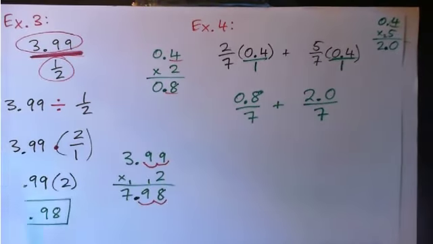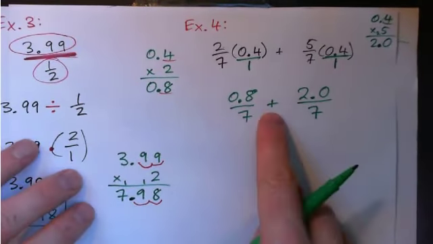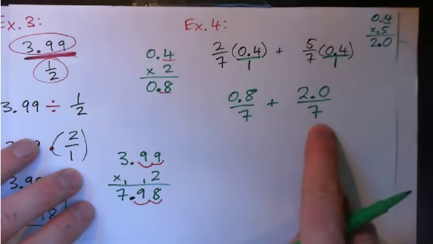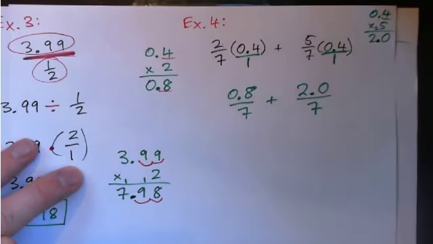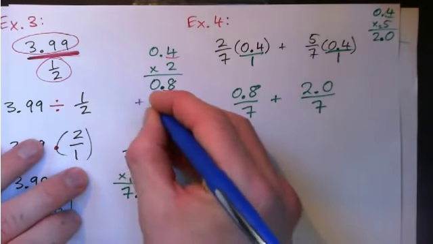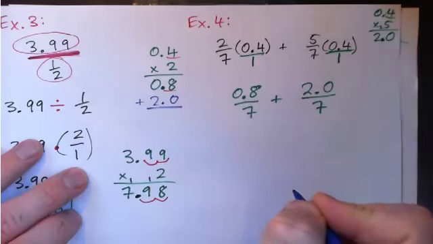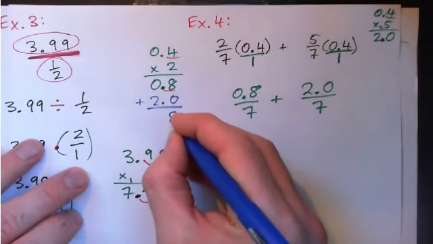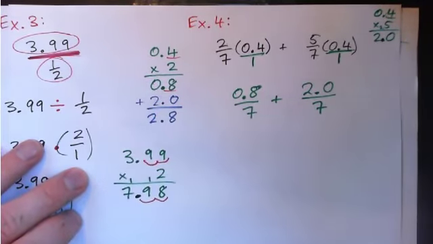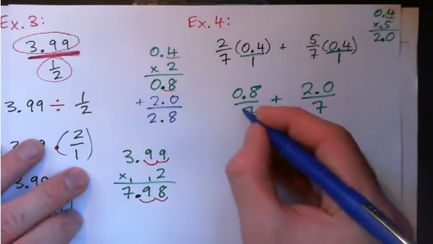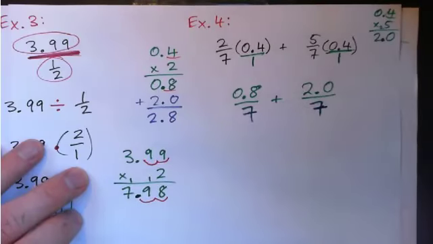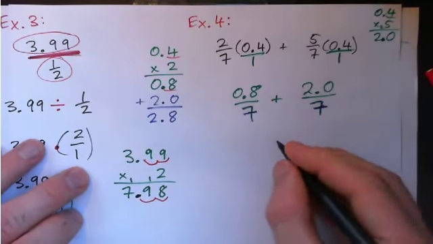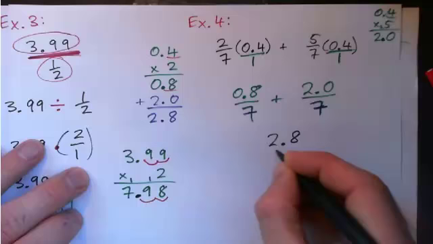Now, what does that make? 0.8 plus 2.0 all over 7. Well, let's see. 0.8 plus 2.0 gives me what? 8 tenths and 2 units, right? So if I have the bottoms the same, can't I add the tops together, right? 0.8 plus 2 is 2.8 over 7.